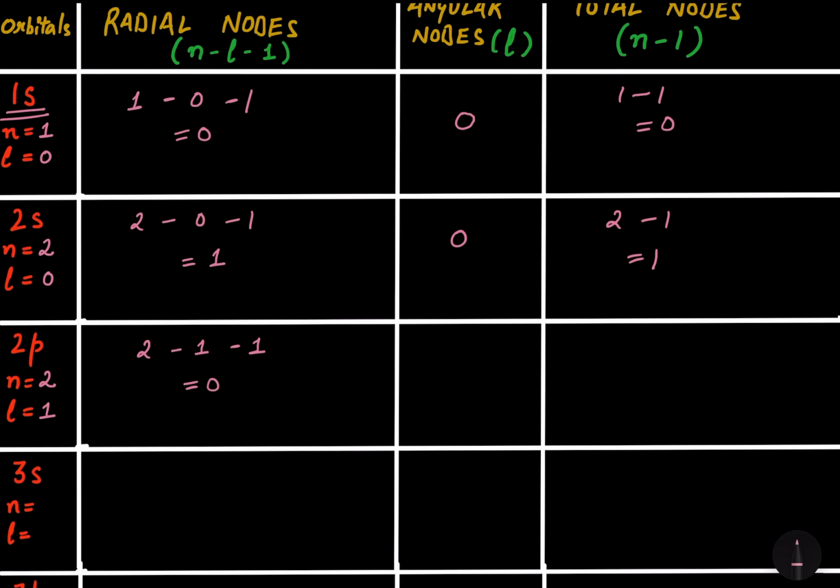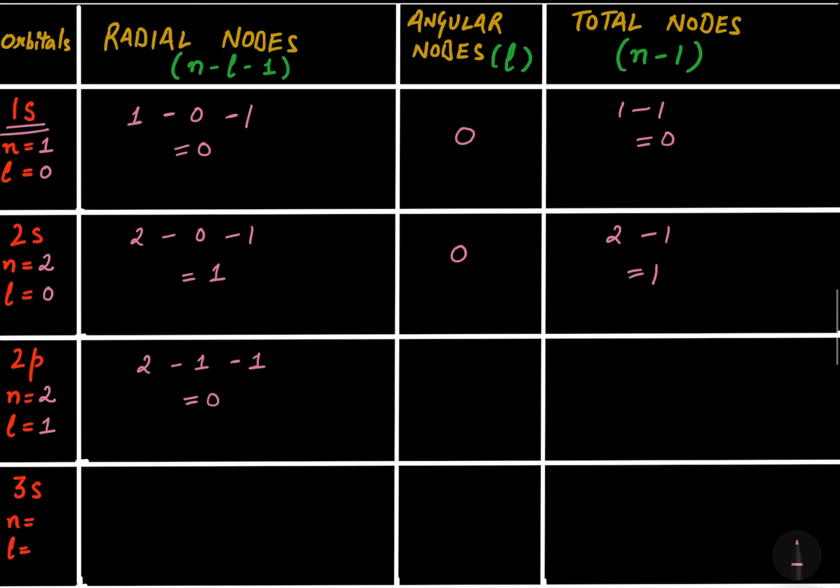So in case of 2p orbitals, radial nodes will be absent. There are only angular nodes. Angular node is equal to the azimuthal quantum number small l. Here the value of l is 1. So we get one angular node. So the total number of nodes will be 1. One angular node, radial nodes are absent, so total nodes are 1. So let's verify it by the formula. Here n comes out to be 2, the n minus 1 rule, so it comes out to be 1.